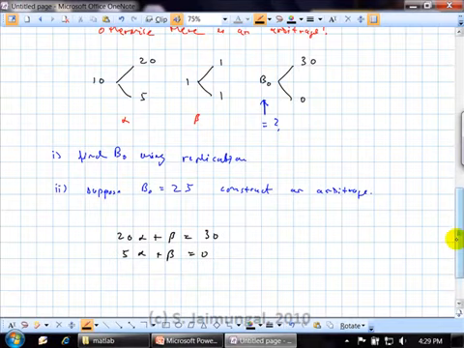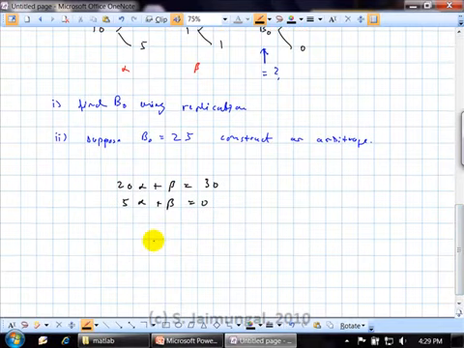Well, that's a pretty easy equation to solve. Subtract the bottom equation from the top. You get 15 alpha equals 30. So alpha equals 2. Okay? And put 2 into, say, the bottom equation, and you get beta equals minus 10.